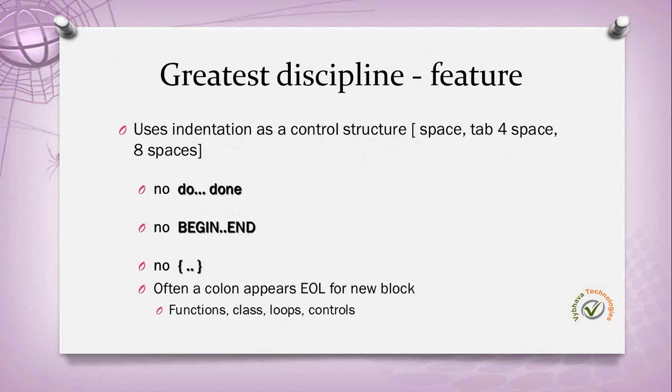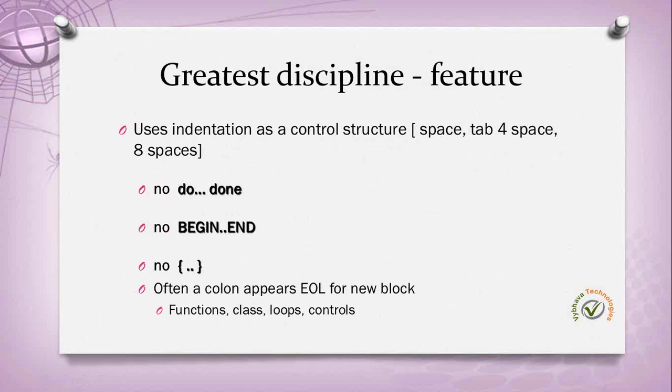If you take the awk language, it is a very teeny tiny language, but even that requires begin and end. If you go for C++, Java, C, these languages use curly brackets for making blocks. Block structure is very disciplined in Jython, because Jython uses a simple structure, that is indentation.